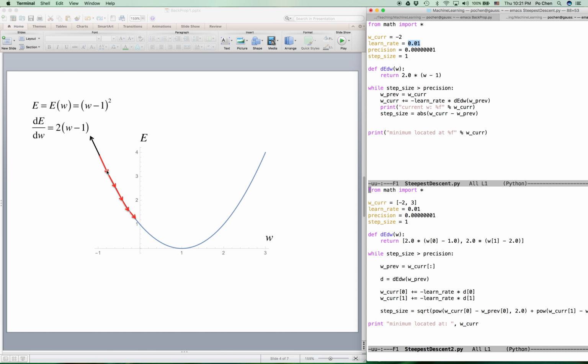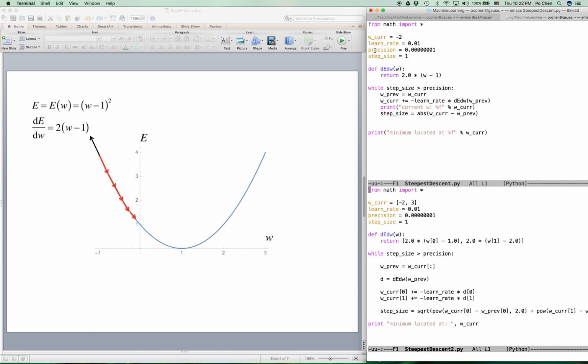It's going to control the speed of the descent. And it's a constant here, so we are not modifying the learning rate along the trajectory. It's just a fixed number.